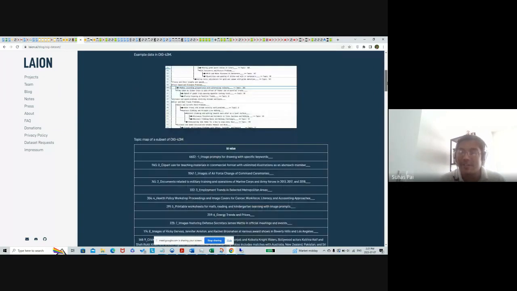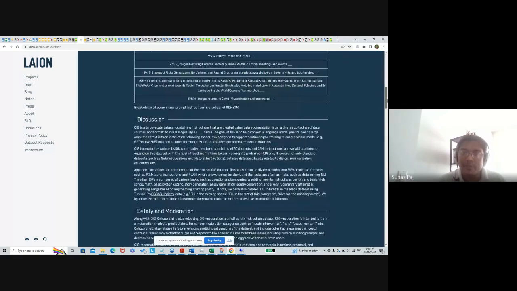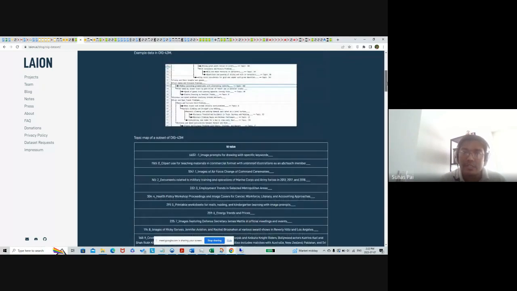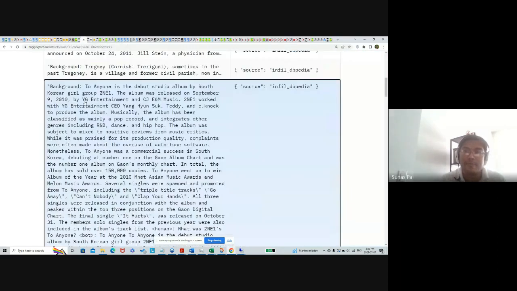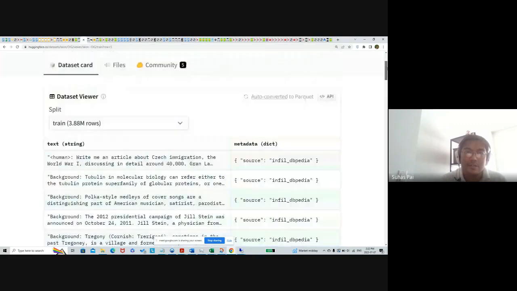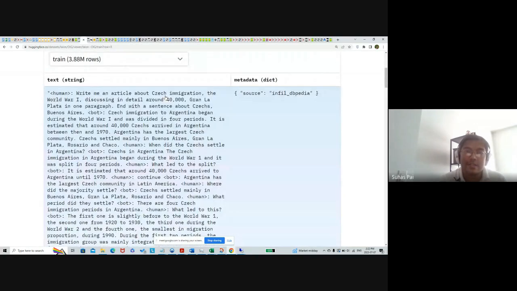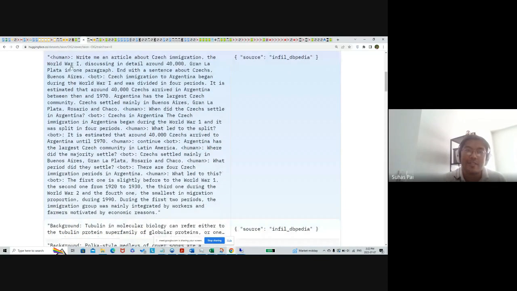This was used in a lot of models, including Red Pajama, and this is how it looks. For example, if you go to Hugging Face, you can see the dataset viewer, and a typical instruction-following dataset looks like this. So, human something something, and this is in the form of an instruction that a human would write.